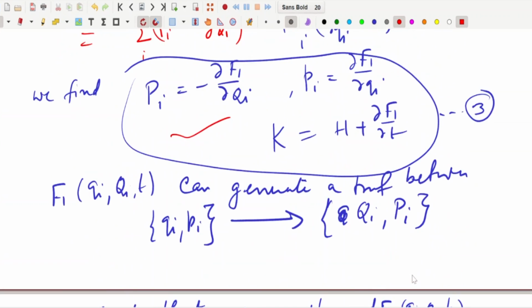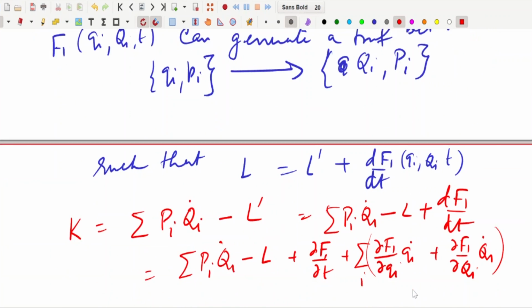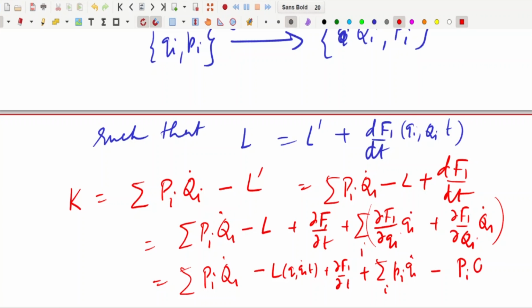Now, if we use the condition, we obtain ∂f/∂q_i and ∂f/∂Q_i here, and then we will get the sum of p_i q_i dot minus L, which is a function of q_i dot and t, plus ∂f1/∂t, and ∂f/∂Q_i will give minus capital P_i Q_i dot.